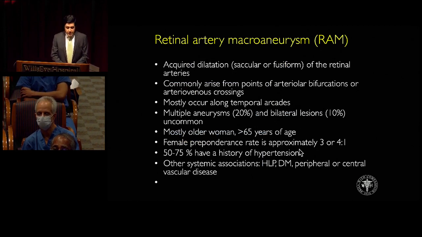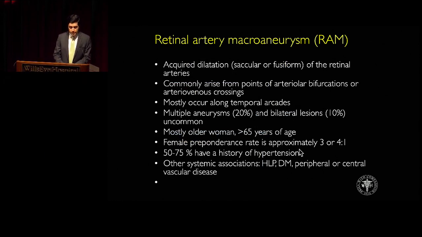So given the clinical presentation, I guess apart from the peripheral microaneurysms, our primary diagnosis here was retinal artery macroaneurysm, which is an acquired dilatation of the retinal arteries, and it commonly occurs at the sites of arterial bifurcations and AV crossings, and most commonly along the temporal arcades, though in our case we saw it nasally.